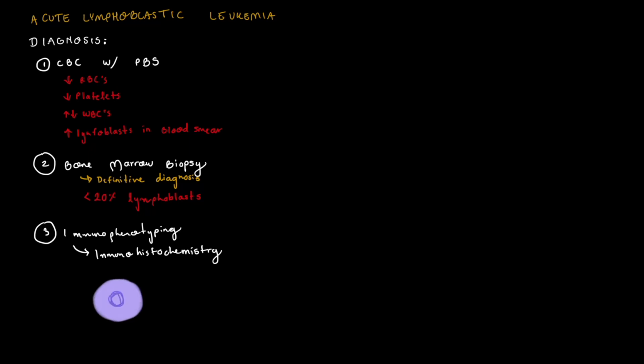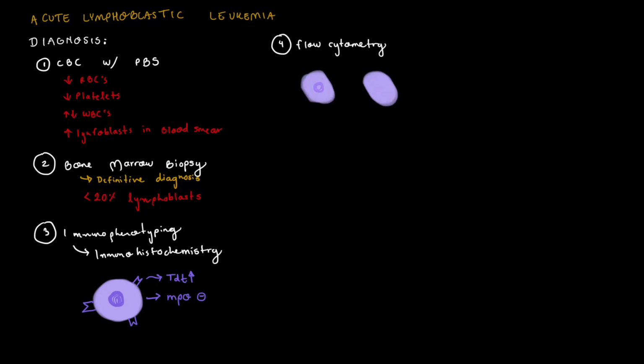Also, we can ask for immunophenotyping or immunohistochemistry. The TdT is going to be a positive diagnosis. Also, we can ask for flow cytometry. In this study, we evaluate what type of cell is affected, right?